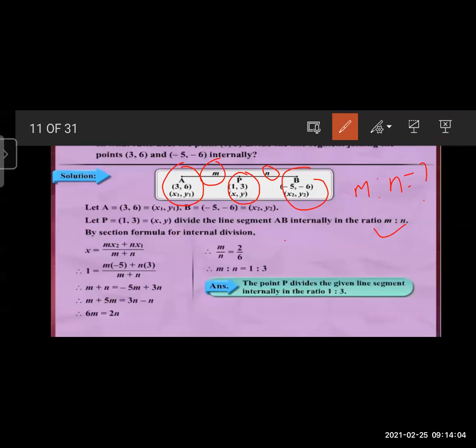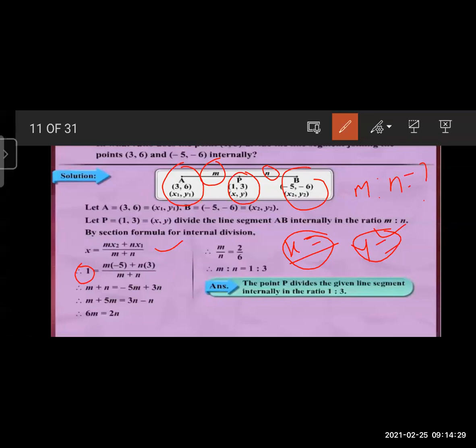Here you can consider the x coordinate formula or the y coordinate formula. Any one of these you can use. So here we use x is equal to (m into x2 plus n into x1) divided by (m plus n). So here we have x is equal to 1, x2 is equal to -5, x1 is equal to 3.